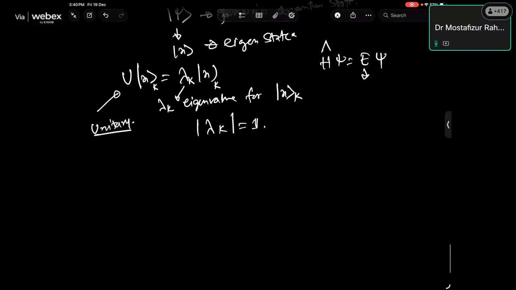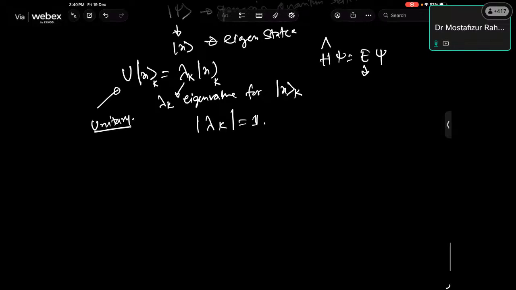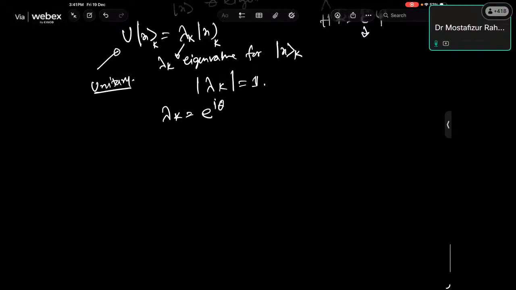This is a property of the unitary matrix. Further, this lambda k is a complex quantity. You can represent it as e to the power i theta, and then estimating the eigenvalue is related to estimating theta. If you can estimate this theta, you are done. This is an algorithm we'll be studying tomorrow called quantum phase estimation, QPE, and that is also related to QFT as well.